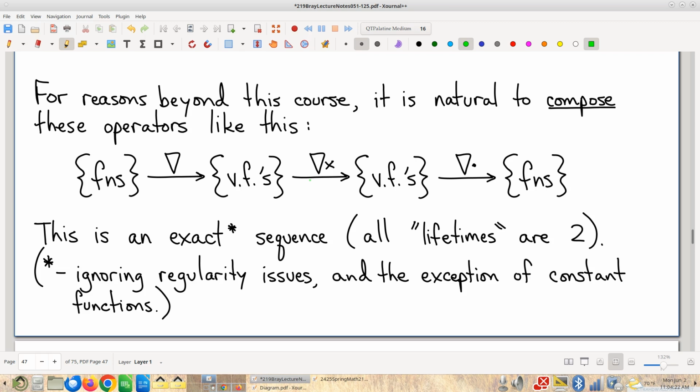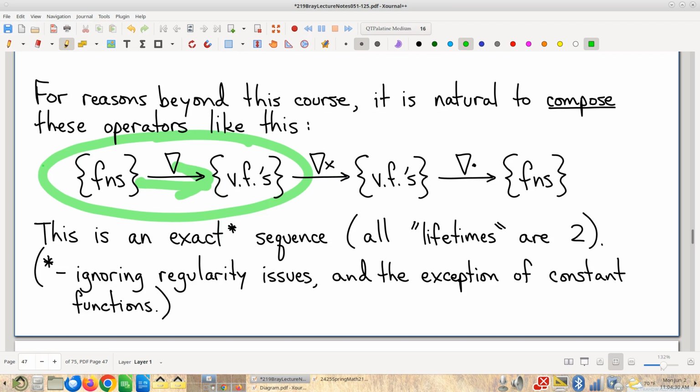If you choose to take the gradient operator, let's think about what gradient does. It takes in functions and spits out vector fields. Then if you take the curl operator, this is all in 3 dimensions, by the way, that takes in a vector field and spits out a vector field.